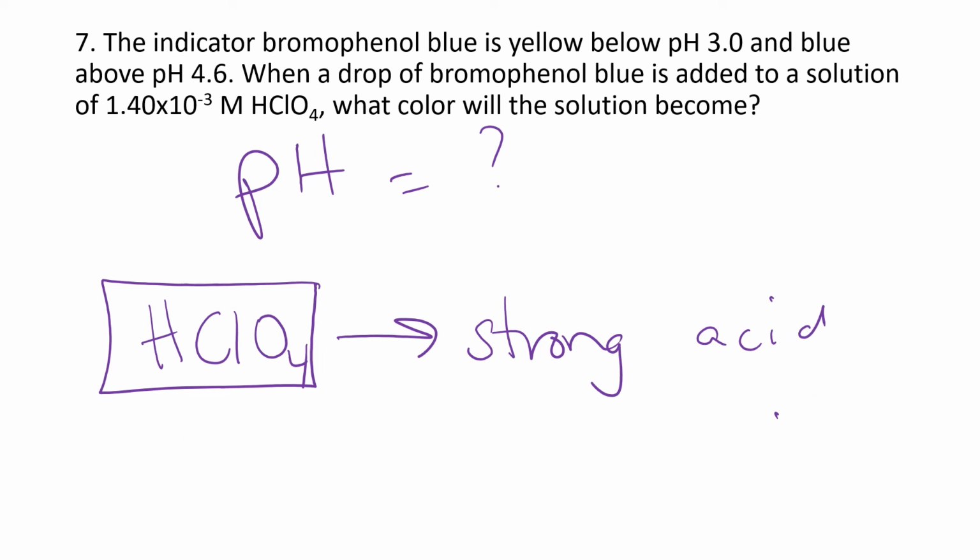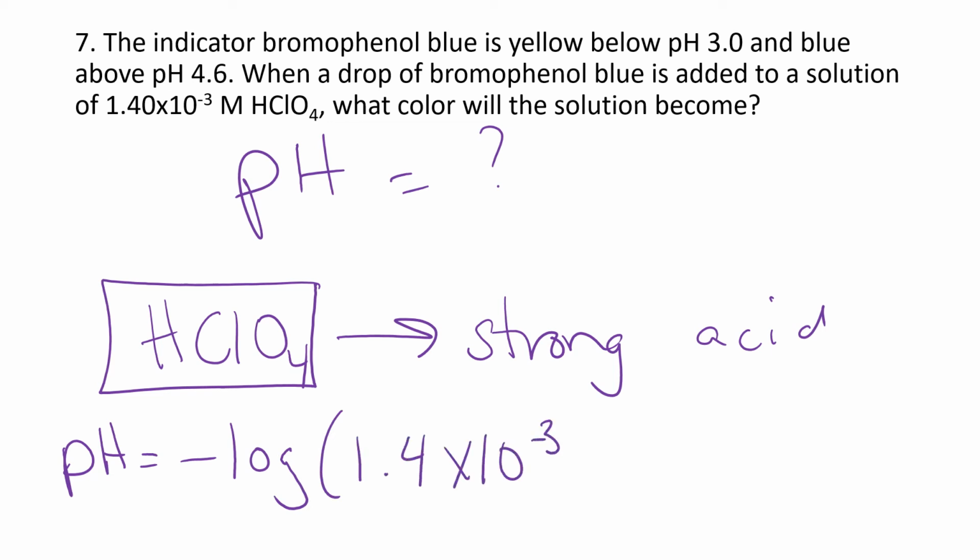All right. So the pH is just going to be equal to the negative log of that concentration, so 1.4 times 10 to the minus 3. So the pH is 2.85. So now let's look at our range.